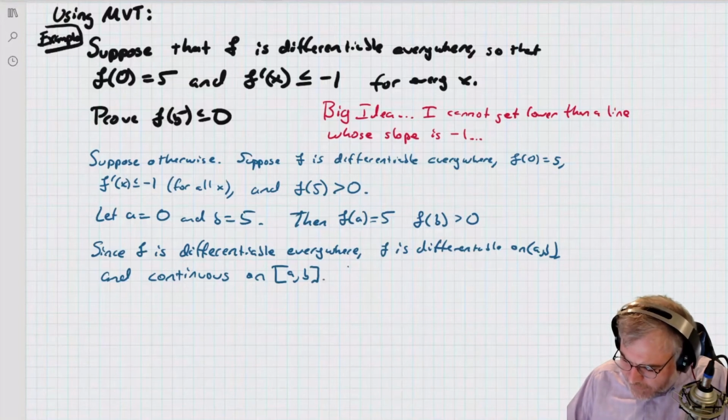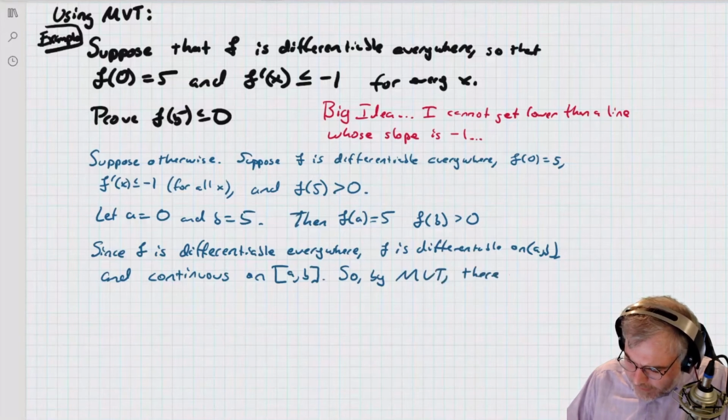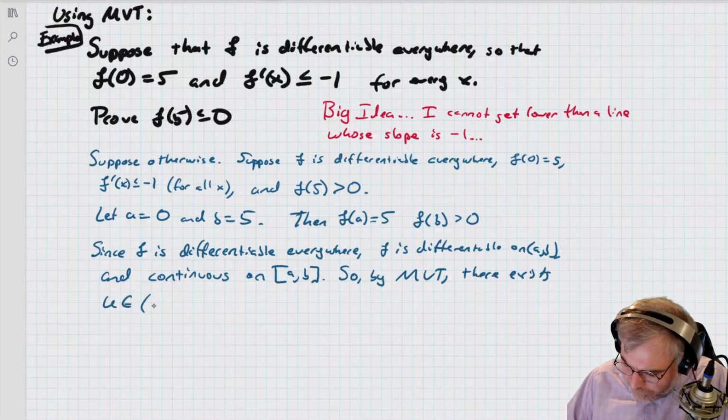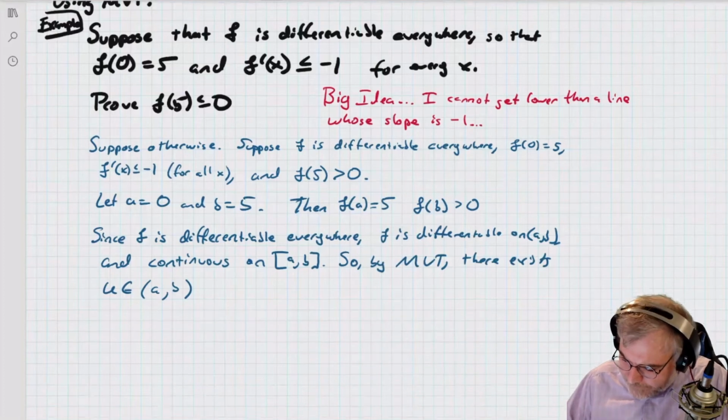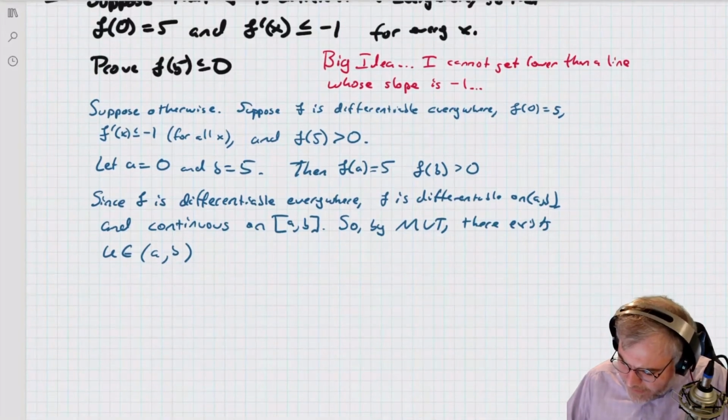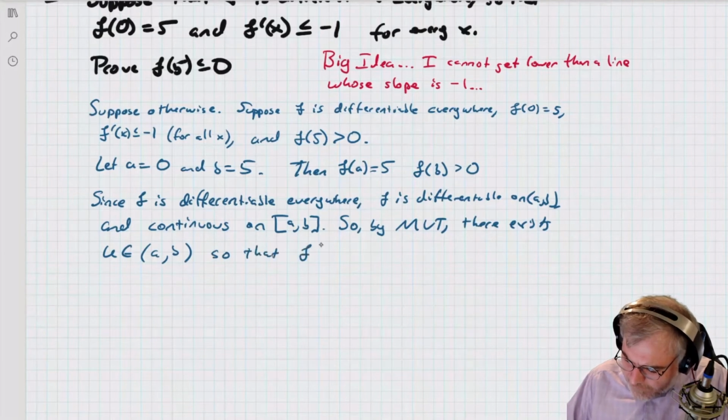So, by MVT, there exists u in (0, 5), or (a, b), bearing in mind what a and b are, so that f prime of u equals m_ab.